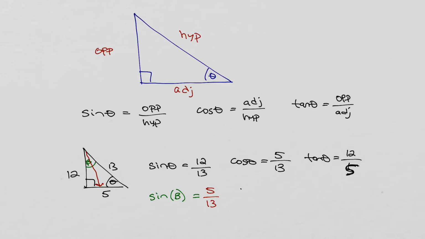If I asked you about cosine of that angle beta, the adjacent side is now the 12, so that'll be 12 over 13. And then tangent of that angle beta is the opposite side, which is 5, over the adjacent side, which is 12. So depending on where the angle is located in your triangle, it could lead you to different values for sine, cosine, and tangent.